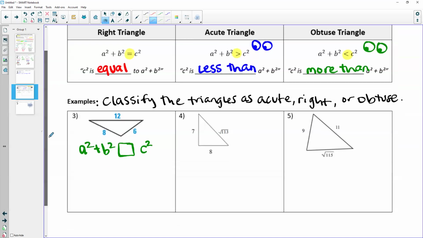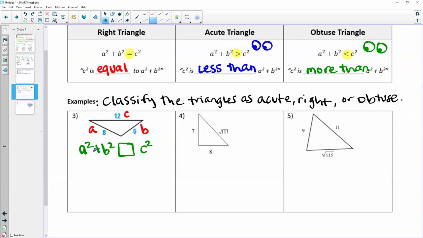So look at number 3. What side is the longest? The longest side here is 12, so that has to be my c. Now, a and b are not as important. You can call 8 a or b, it doesn't matter. What does matter is that c is the longest side. So I'm going to call a 8, and my b side is going to be 6.